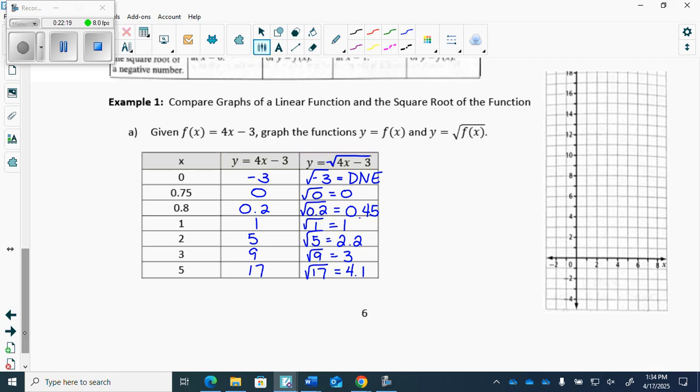So I'm going to go 0 and negative 3, 0.75 and 0, 0.8 and 0.2, 1 and 1, 2 and 5, 3 and 9, and then 5 and 17. So if we connect these, we get the line y equals 4x minus 3.